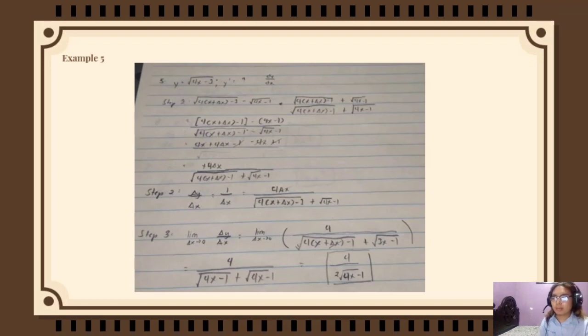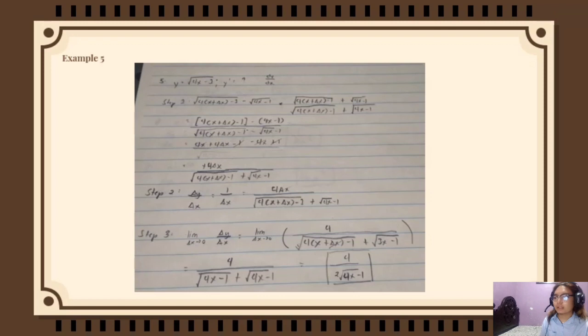Okay? Then, step 2 tayo. Step 2 is equal to delta y divided by delta x equal to 4 delta x divided by delta x. So, maka-cancel ulit tong delta x natin. So, magiging, ang sagot niya ay 4 all over this equation.